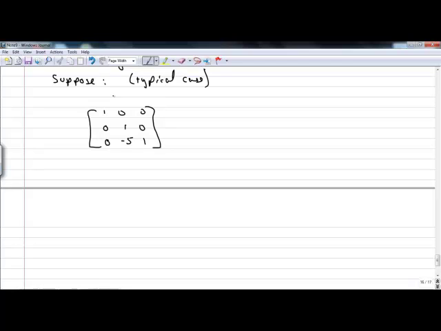Suppose this one was E32. And this one is E21.